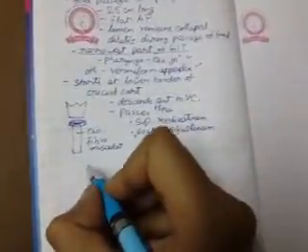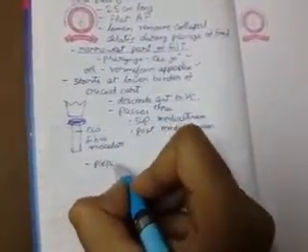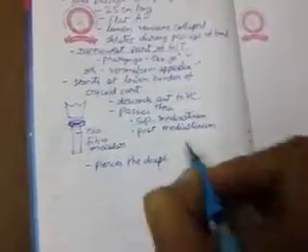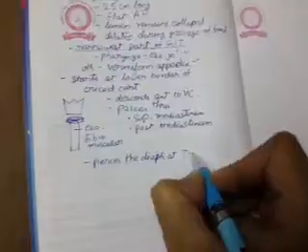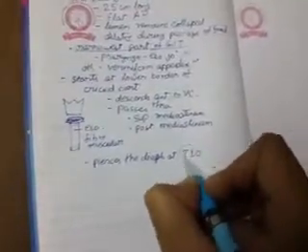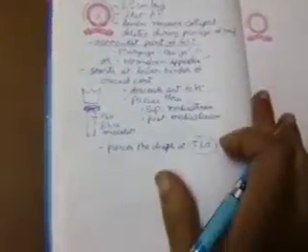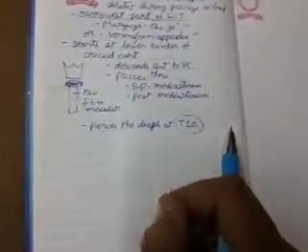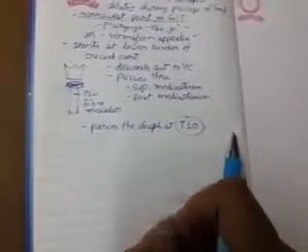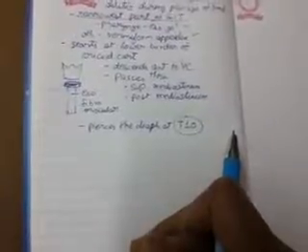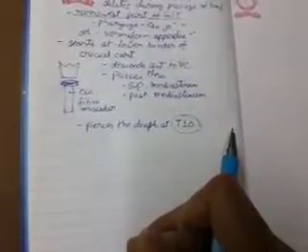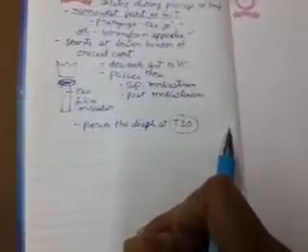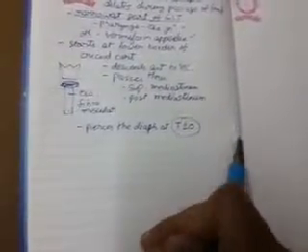So this esophagus pierces the diaphragm at T10, that is the 10th thoracic vertebra. It ends by opening into the stomach at its cardiac end at the level of the 11th thoracic vertebra.